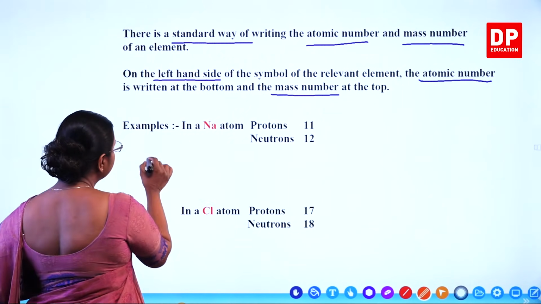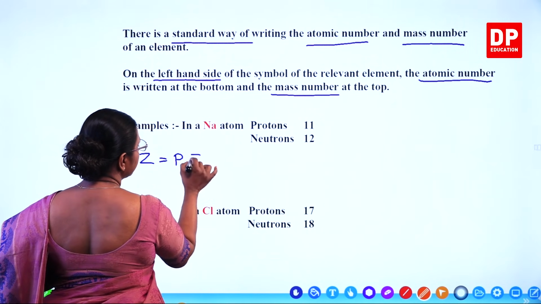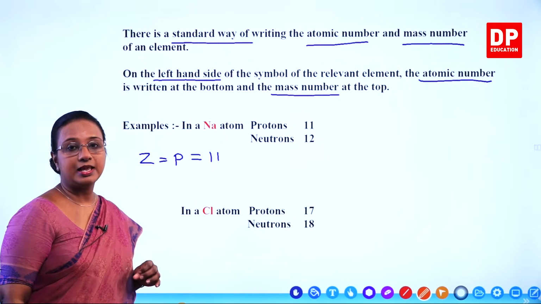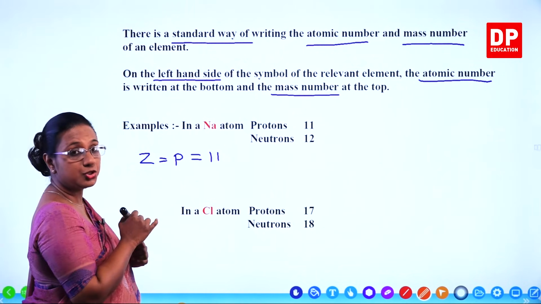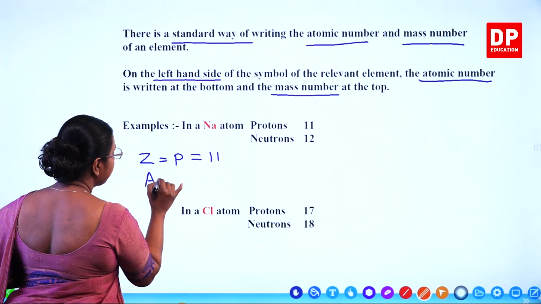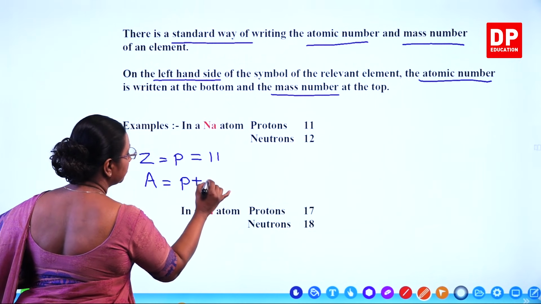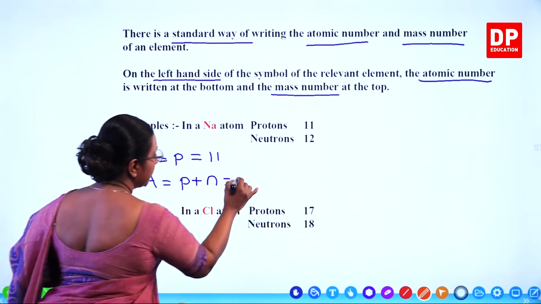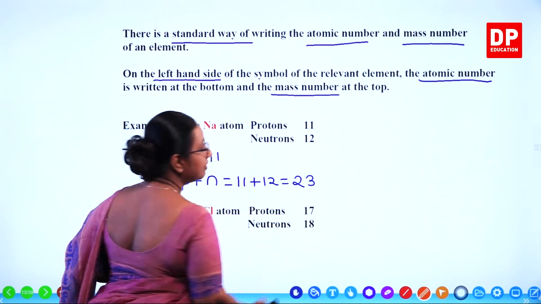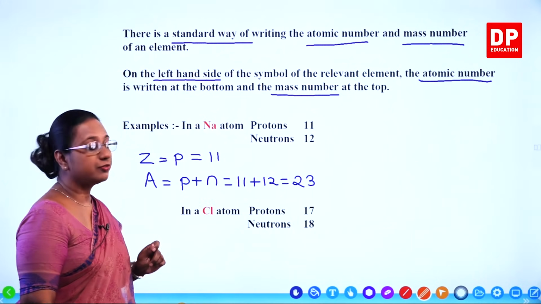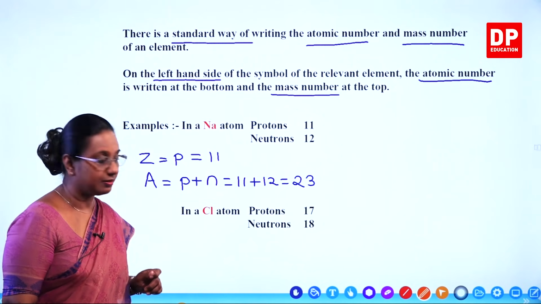The atomic number Z is equal to the number of protons, so that is 11. Whereas the number of neutrons is 12. So the mass number A will be equal to the sum of protons plus neutrons, that is 11 plus 12, we have 23. Atomic number of sodium is 11, mass number of sodium is 23.